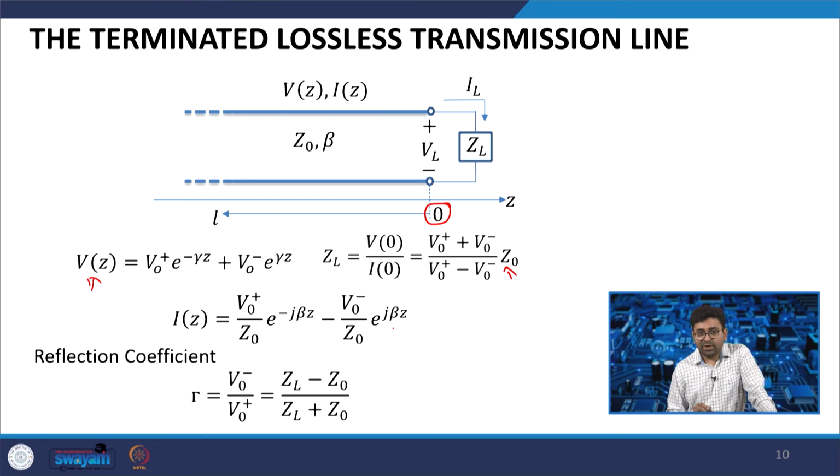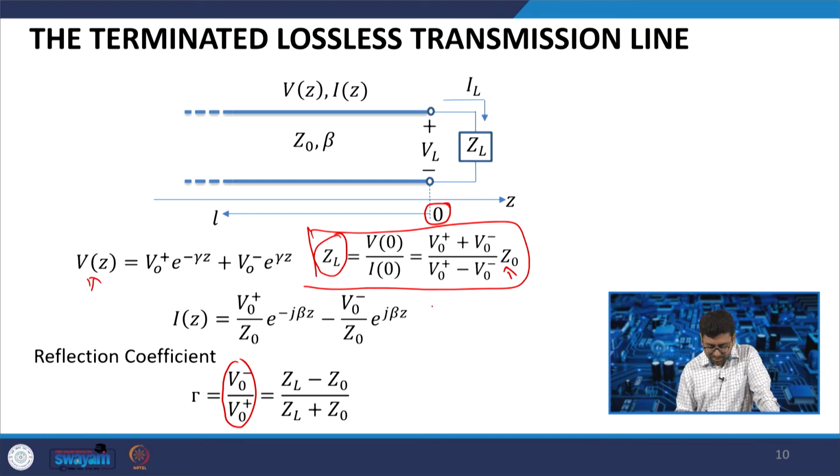If we define one parameter, the reflection coefficient gamma, as the ratio of the reflected voltage to the incident voltage, V0-/V0+, it is equal to (ZL - Z0)/(ZL + Z0). So the reflection coefficient gamma is (ZL - Z0)/(ZL + Z0).